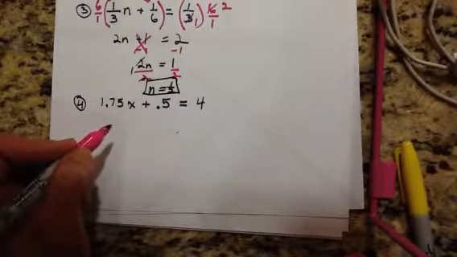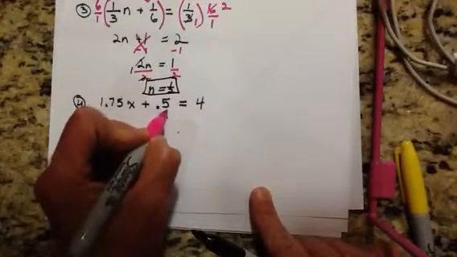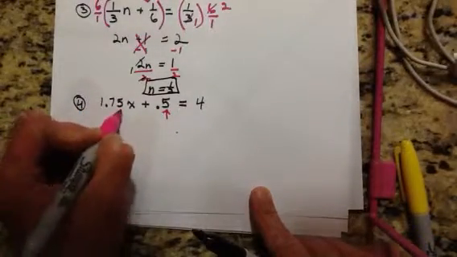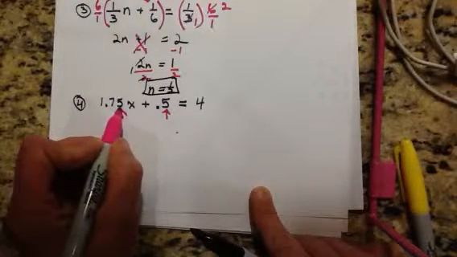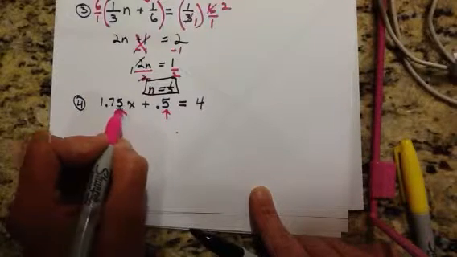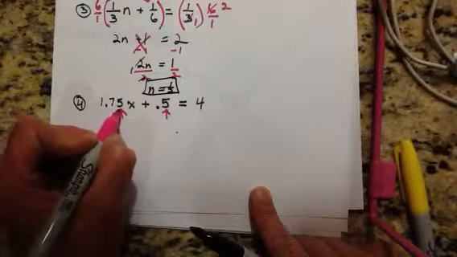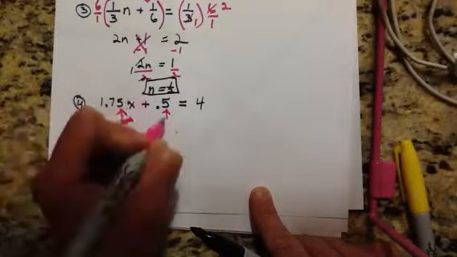Now, this is an example of decimals. And you can multiply through to get rid of decimals as well. So what you're going to do is you're going to look at the place value of your different decimals. The place value here of my last digit in my decimal is hundredths. So that's hundredths.